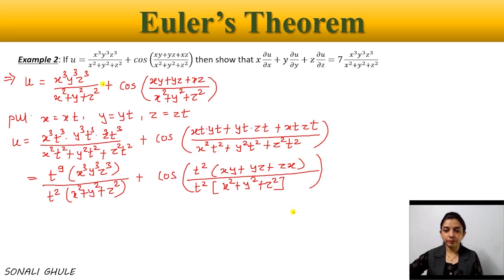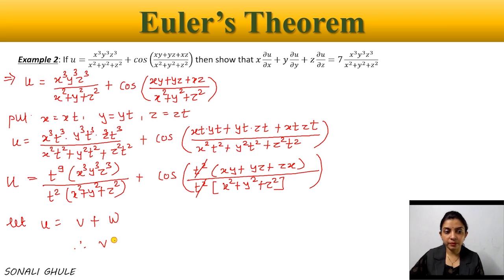Okay. Now here you can check, this t square and this t square get cancelled. This is u equals to, let u equals v plus w.